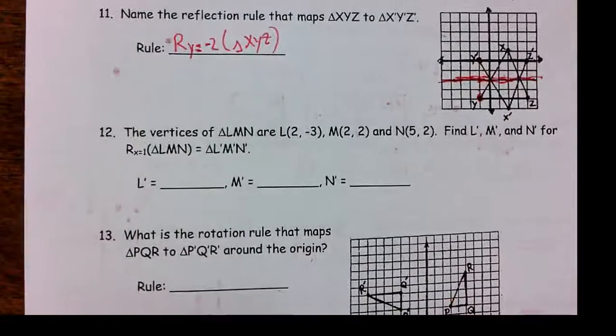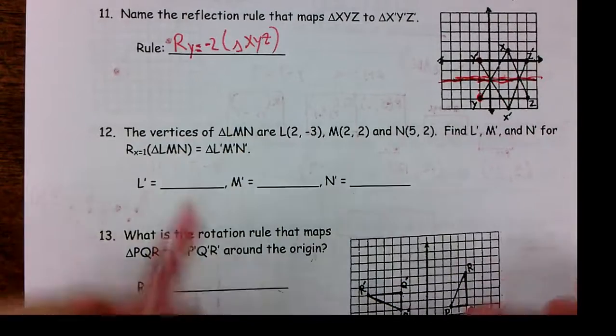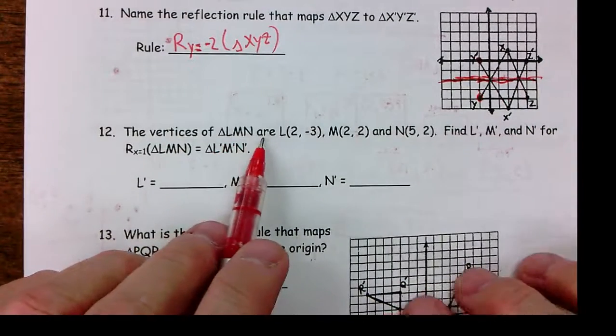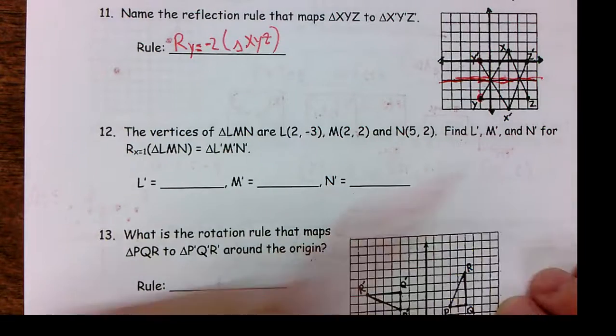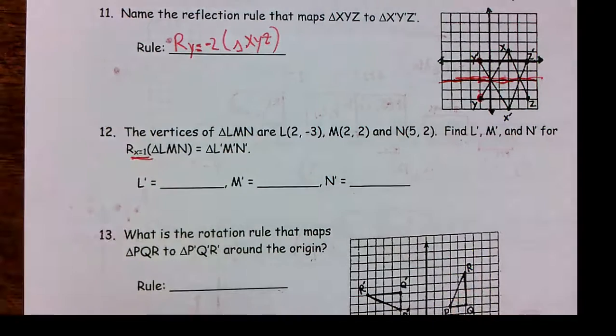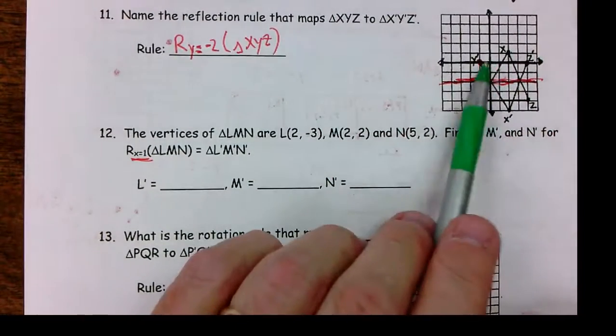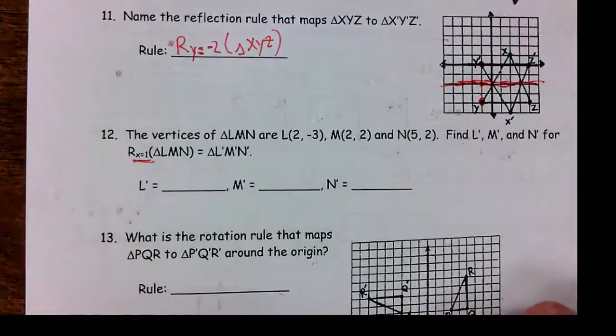Number 12. The vertices of triangle LMN are this. And I want to find the coordinates for the reflection across the line x equals 1. So if I was having trouble with this, and I couldn't do it without the graph, I'd probably go to one of these graphs up here, and I'd graph it.